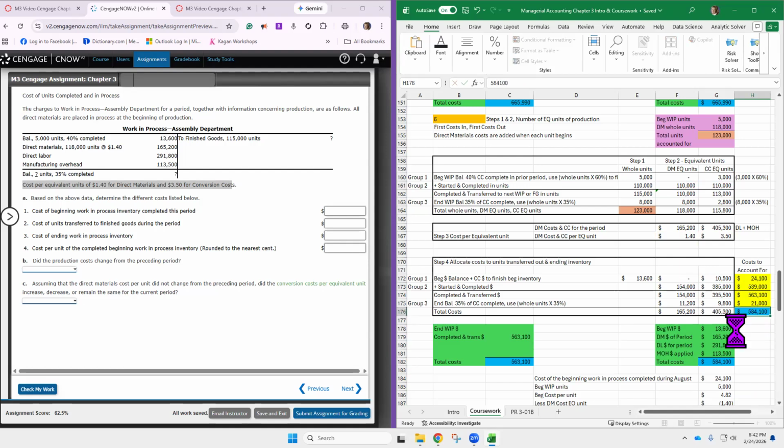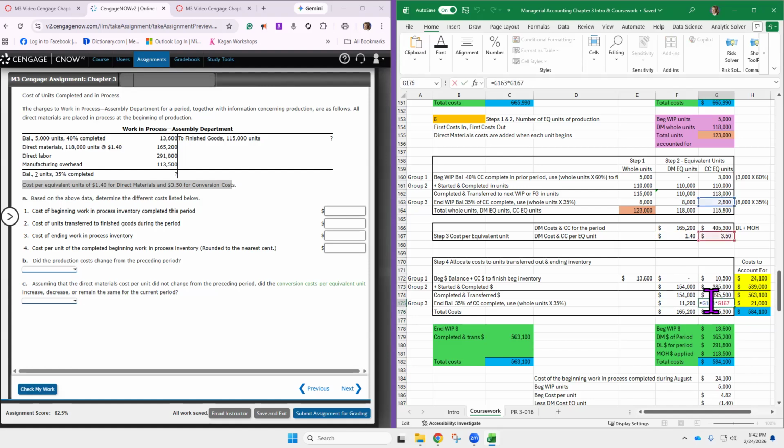I keyed this in here because sometimes you know a total and you've got to find something else, and that's what happened with this one. We didn't know what this was, but we could find it by doing the math. The math here is 8,000 in ending inventory times $1.40 of direct materials cost for a total of 11,200.